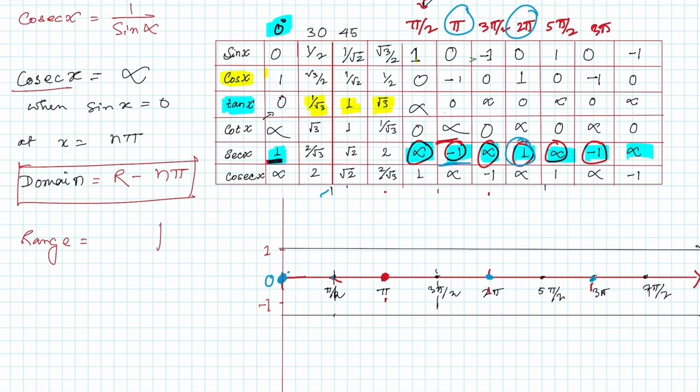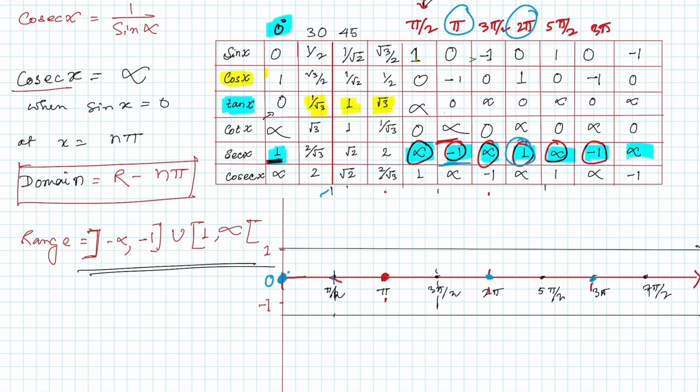Range is from -1 to minus infinity, open interval towards minus infinity, union, then again +1 to plus infinity. This is the range, same as sec x. So the pattern of the graph will be similar, but not exactly the same. Here we will compare the pattern of the graph of these two, cosec and sec.